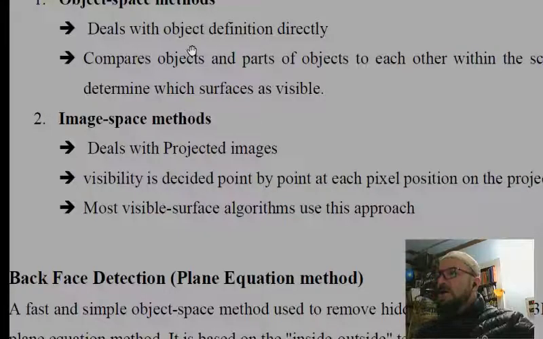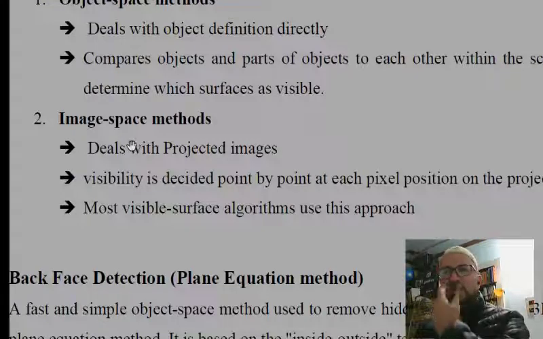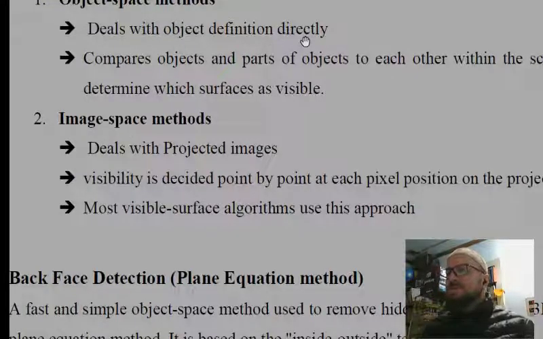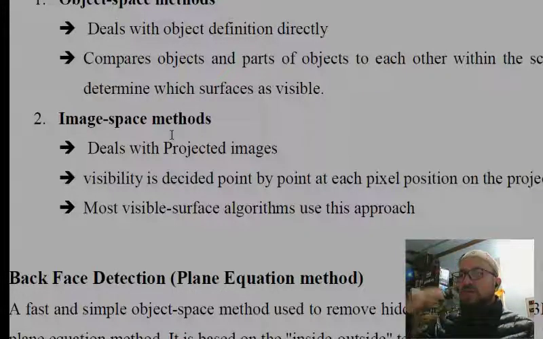This is my object space method and image space method. It deals with the object definition directly, compares the objects with each other, and then determines which surface is visible. And the image space method deals with the projected image, the 3D projected on the 2D screen. So we talk about visibility in terms of pixel position on the projection plane, on which it is projected.